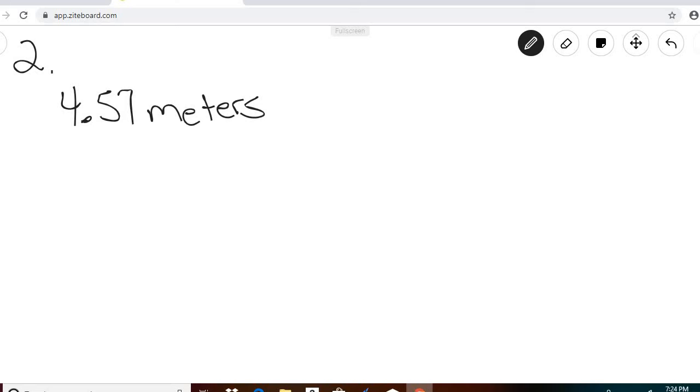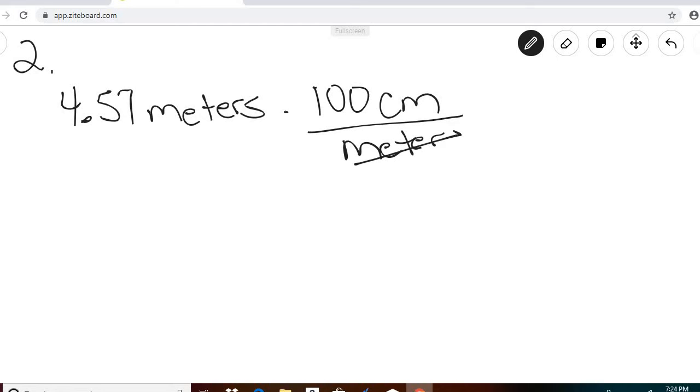What is the distance in centimeters? So we're moving from meters to centimeters, so centimeters goes on top, and there are 100 centimeters in a meter. Okay, so meters cancel, and your answer then is 457 centimeters.